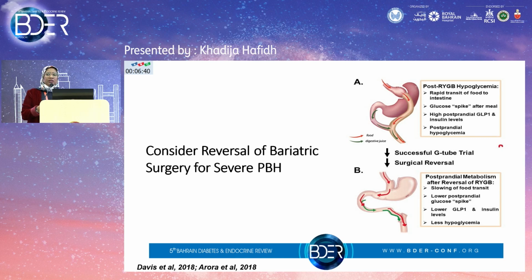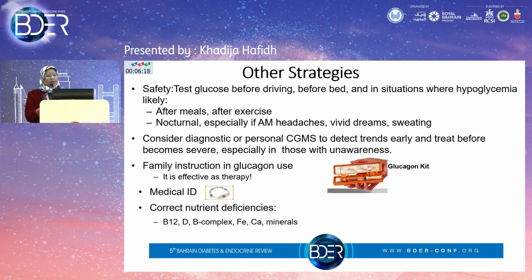If that doesn't work, what would be the next step? You might have to consider reversing the procedure, and we've had a number of patients in our center that were so tired and so frustrated with having these recurrent hypoglycemic events that they resorted to reversing the procedure.